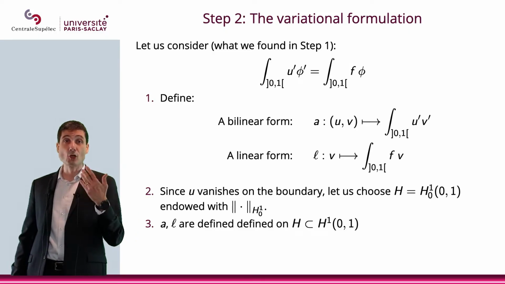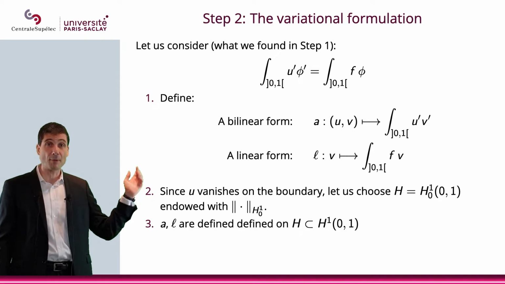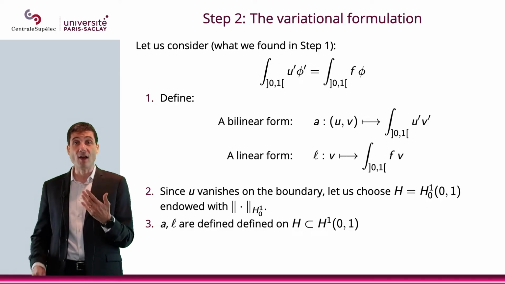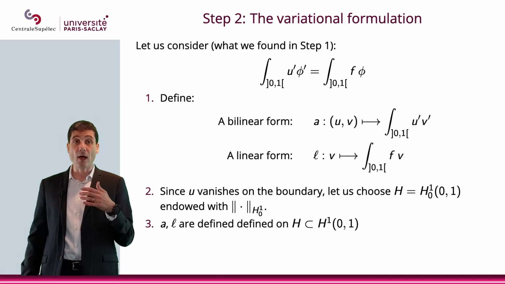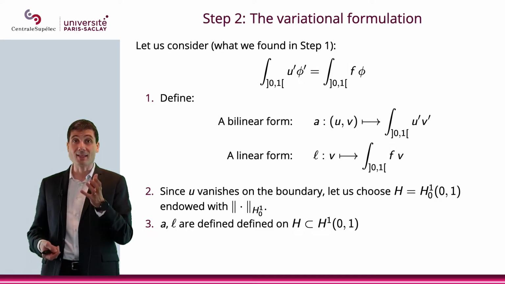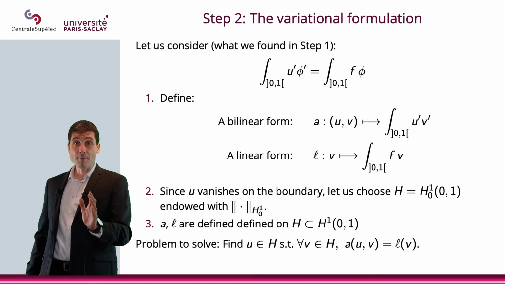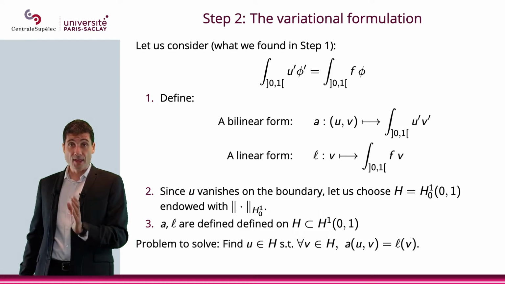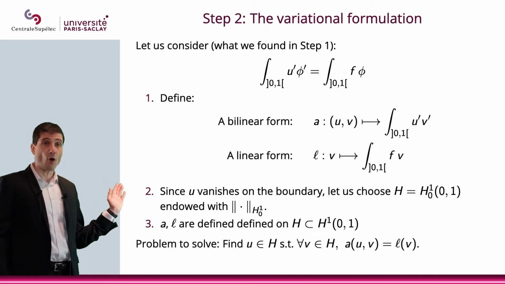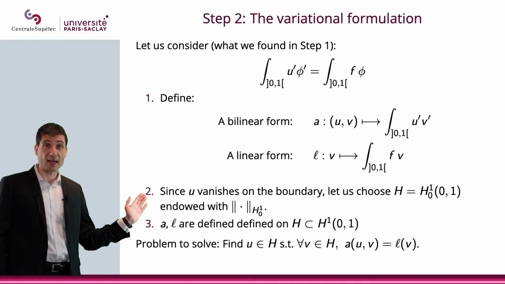So you see, by choosing this expression here on top, I can, if I want, define this with A and L defined on H, and that makes sense. All right, now the problem I would like to solve is the variational problem: for all v in H, A(u, v) equals L(v).